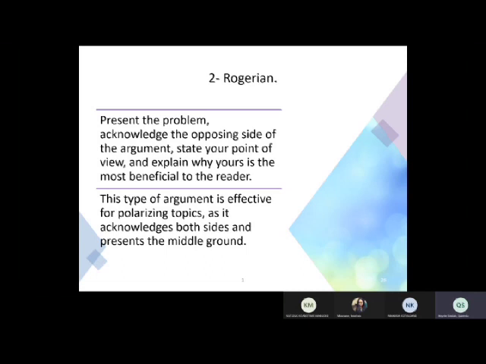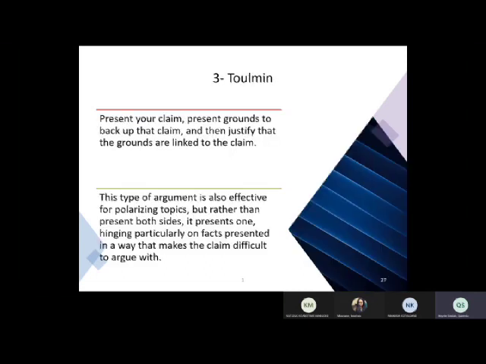And this is usually the method that I advise most students to use, because this to me is the strongest in terms of argument. It really puts your point through. Okay, so this type of argument is effective for polarizing topics, as it acknowledges both sides and presents the middle ground. Then we have the Toulmin.